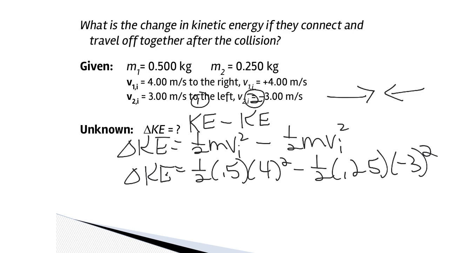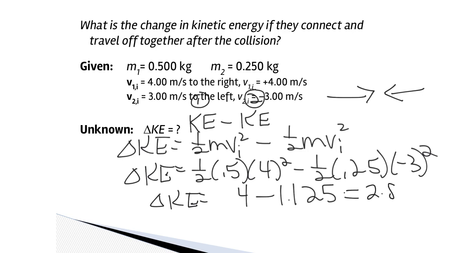So this difference in kinetic energy, when we do the math, we're going to end up with 4 minus 1.125, and that's going to give us the final kinetic energy of the balls after they collide. Because one is moving to the right and one is moving to the left, we're going to subtract them, and this 2.875 joules is the kinetic energy before the collision and after the collision.